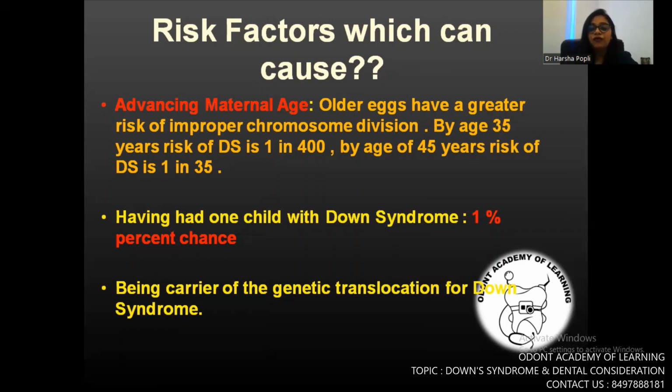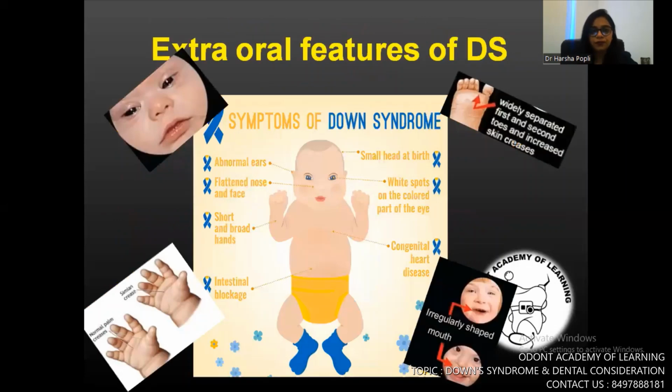At the age of 45 years, the risk is 1 in every 35 births. You can see the Down syndrome patient. Also, if the first child has Down syndrome, there is a 1% chance that the mother can deliver a second child with Down syndrome.